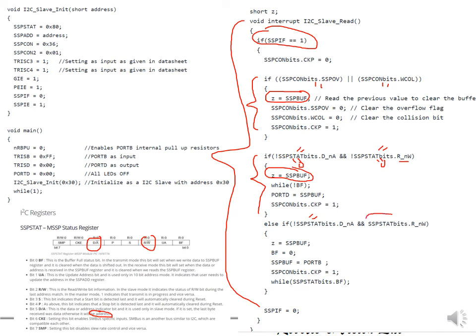And the difference here: if it is equal to 1, that means we will transmit the data. We transmit the data until this bit, the buffer full, goes low, and after that we set the interrupt to 0.